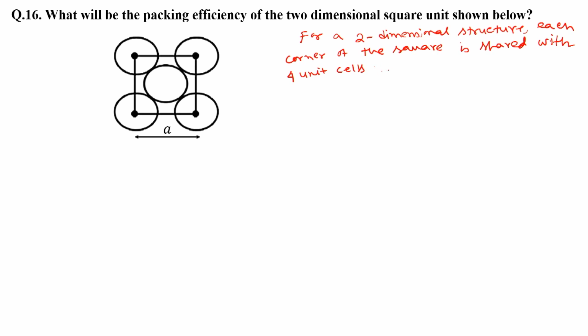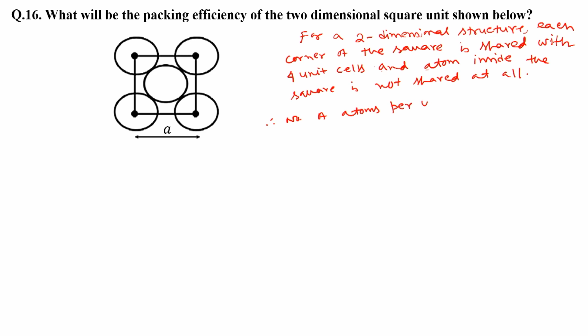And the atom inside the square is not shared at all. Therefore, the number of atoms per unit cell will be 4 times 1 by 4 plus 1, so we get 2.